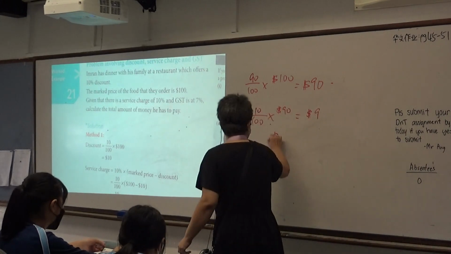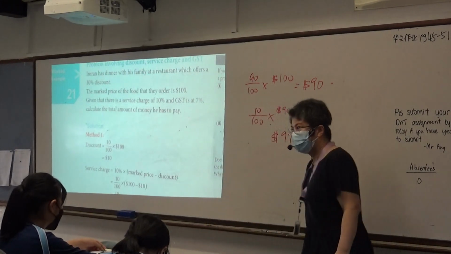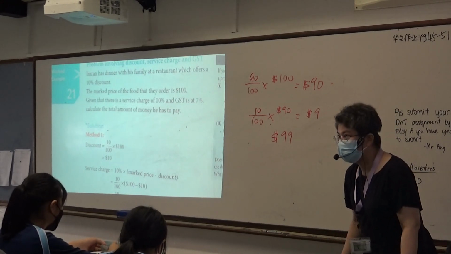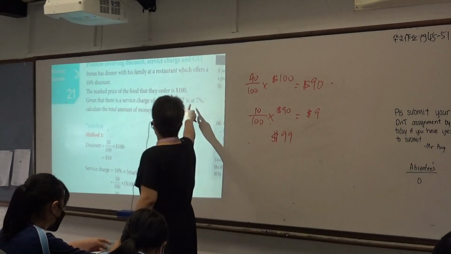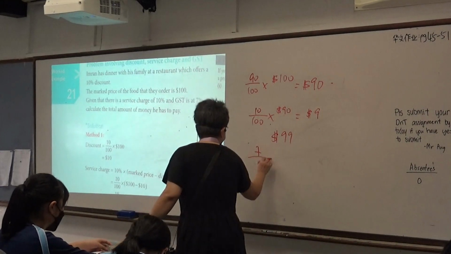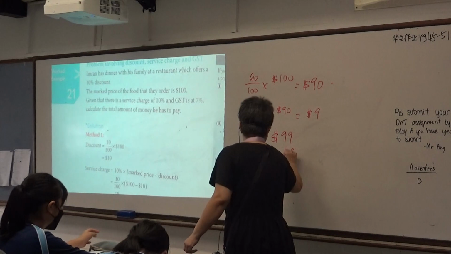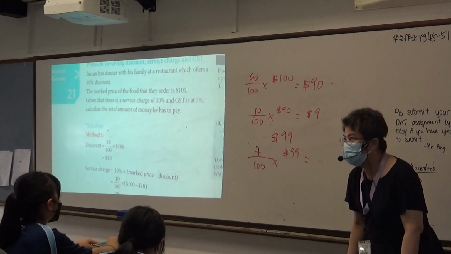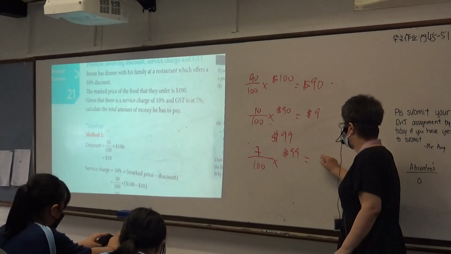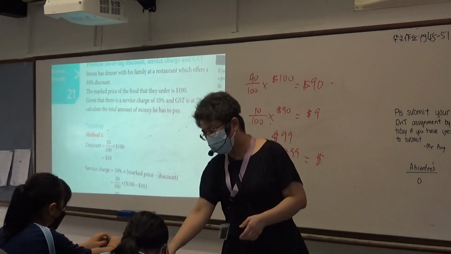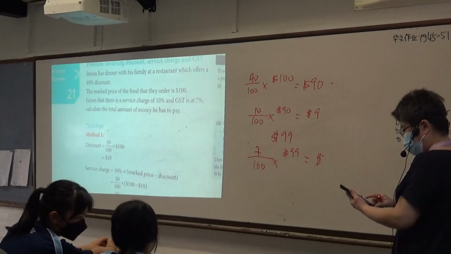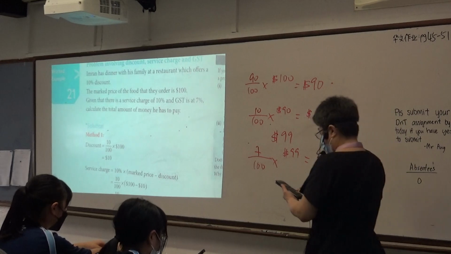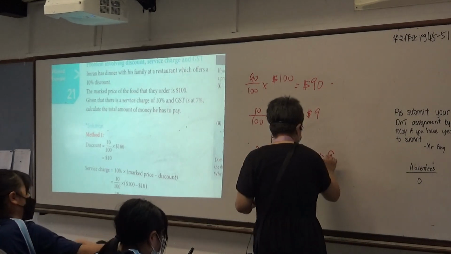So now the subtotal becomes what? $99, right? After the service charge. Agree? Okay. Then at 7%. So this 7% will be times $99, right? Agree or not, class? Okay, how much is this? Do you get a 6.93?